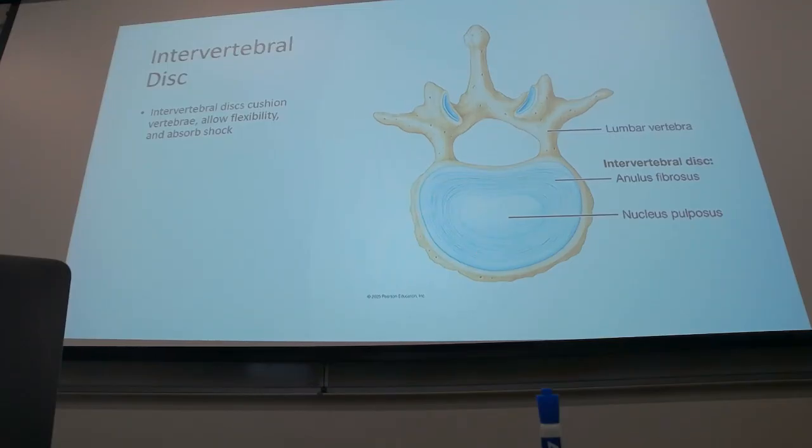This annulus fibrosus is made out of strong collagen fibers that hold this soft part of the intervertebral disc that is called the nucleus pulposus.